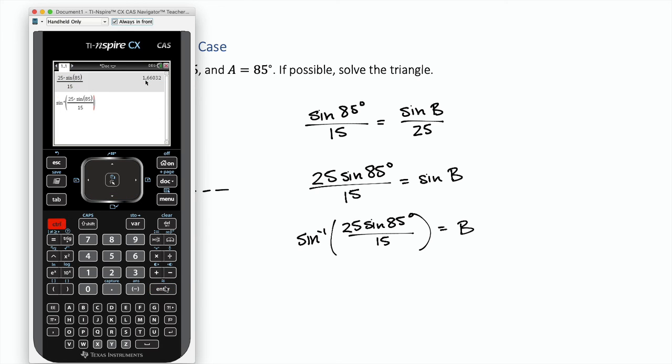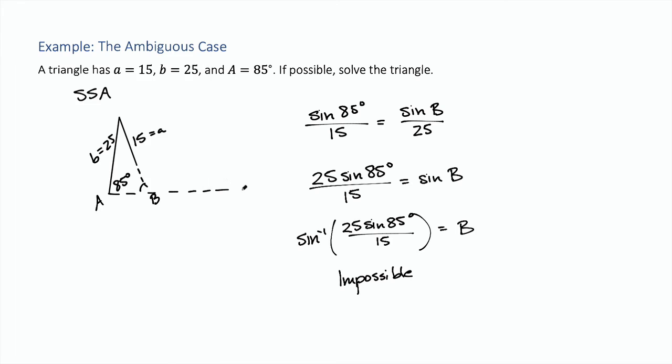And when I hit enter, it says undefined. Depending on the calculator, it might say different things. It might say error. But it won't work, of course, because it's not possible. And so this is impossible. Which means, of course, that this is not actually a triangle. This is not a triangle. And that's as far as we go.